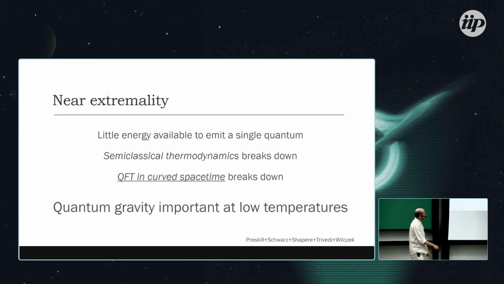It also means that quantum field theory in curved spacetime breaks down. The emission of a single quantum of radiation is going to change significantly the state of your black hole. So quantum field theory in curved spacetime breaks down, which means that we're in the realm of quantum gravity.